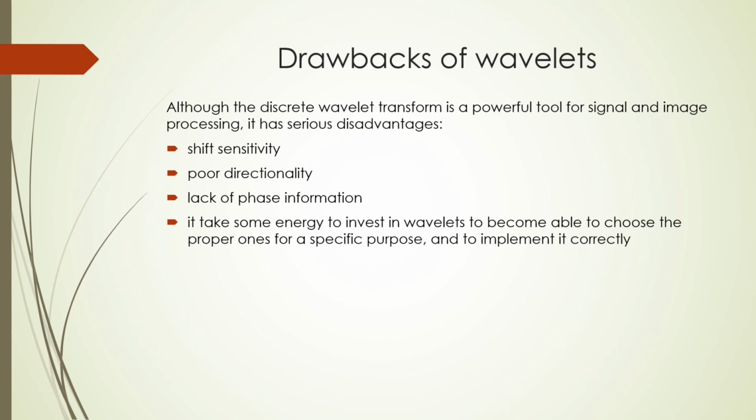Shift sensitivity, which signifies the maximum amount of span that will change at any measurement point. 2. Poor directionality. 3. Lack of phase information. And last, it takes some effort to invest in wavelets to become able to choose the proper ones for a specific purpose and to implement them correctly.